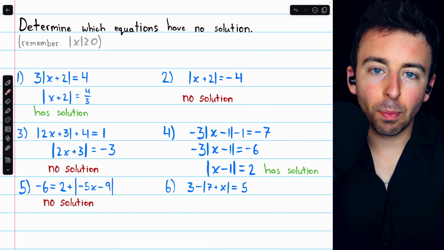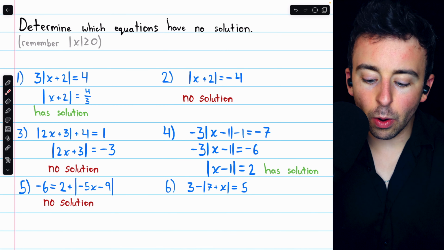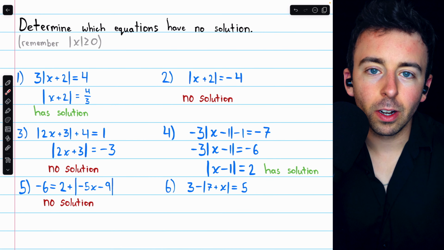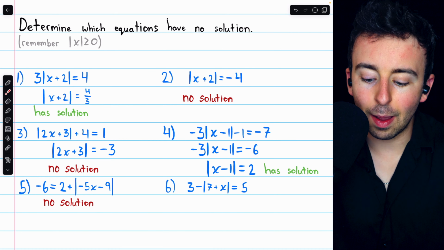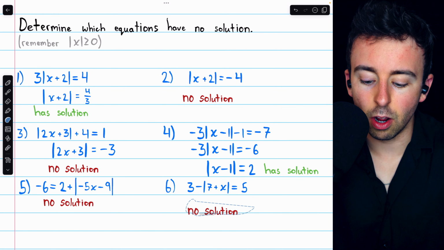So there's no way this is possible, because subtracting the absolute value expression is only going to make 3 smaller. So there's no way we can subtract an absolute value expression from 3 and get the bigger number, positive 5. Hence, this equation has no solution.